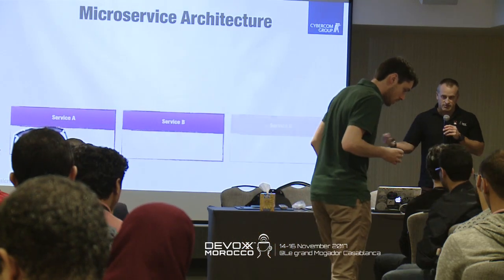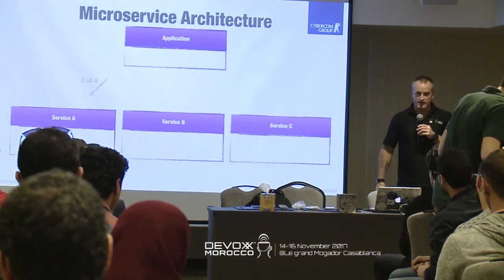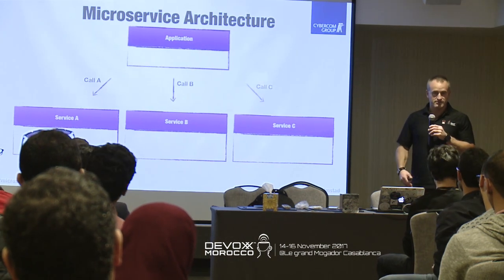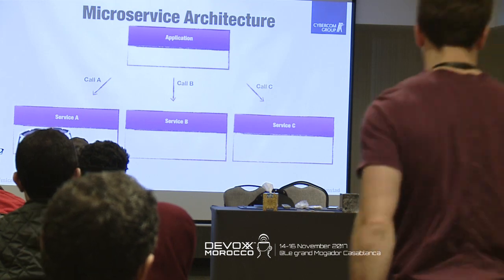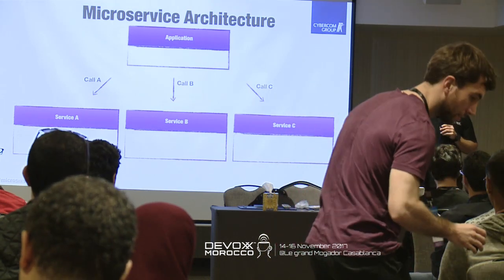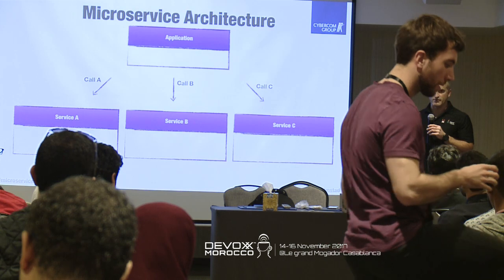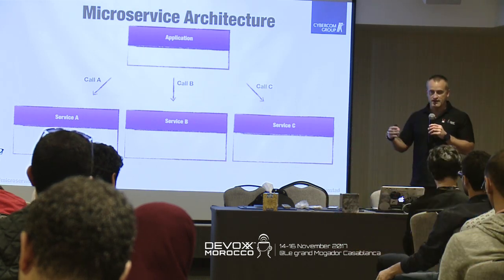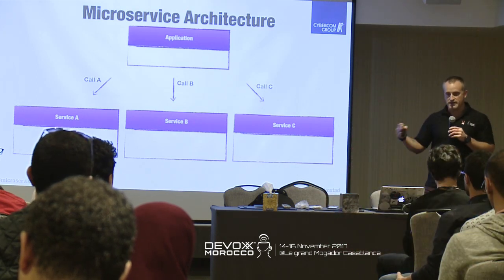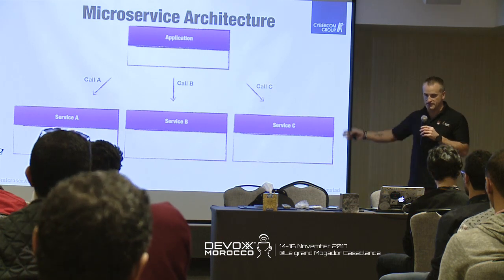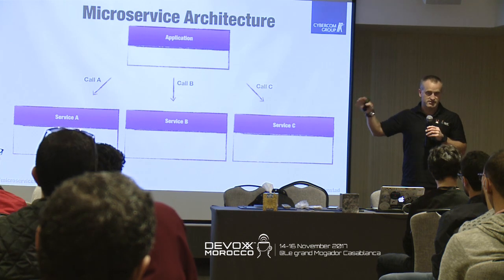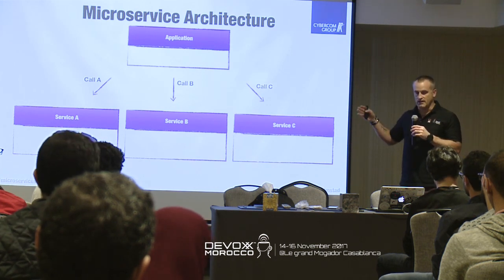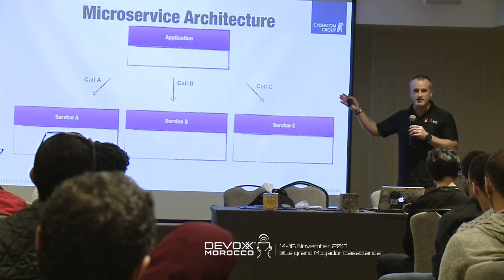The counter to monolithic architectures is microservice architectures. That is where you split your application into smaller services. And these services do one thing, and they do it extremely well. They typically serve one business domain. In this picture, I've drawn the application calling services A, B, and C. But the application may also very well be a microservice.